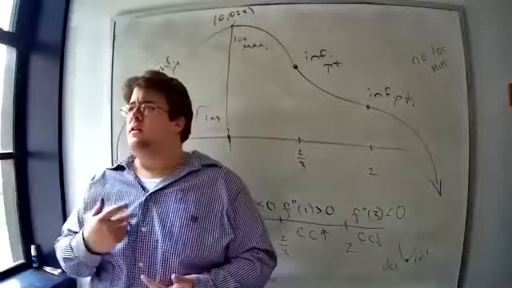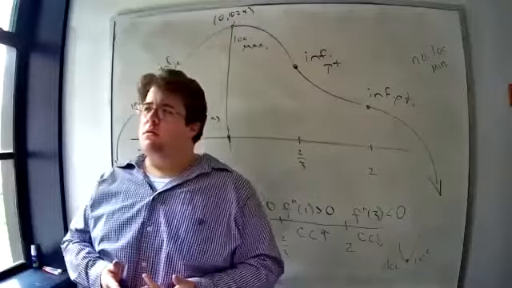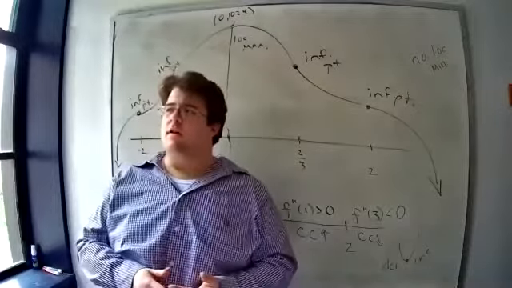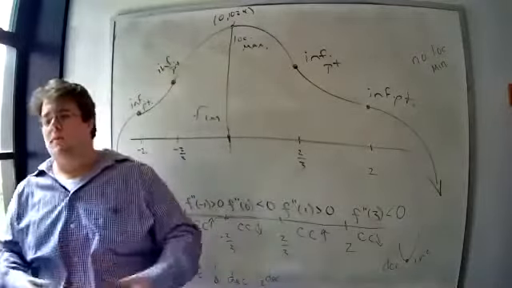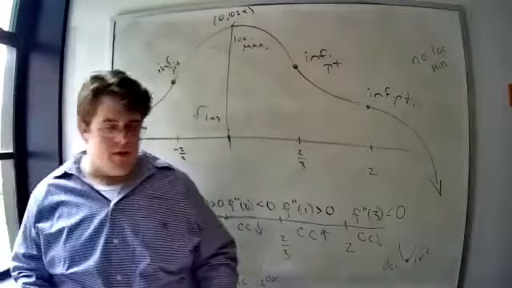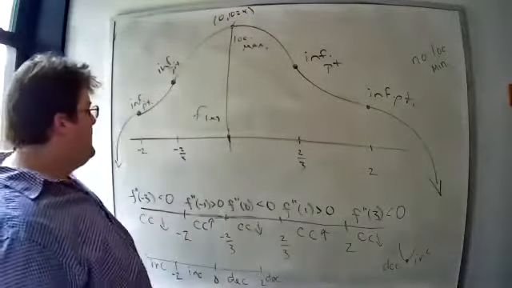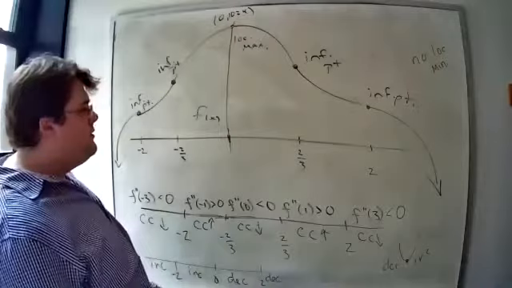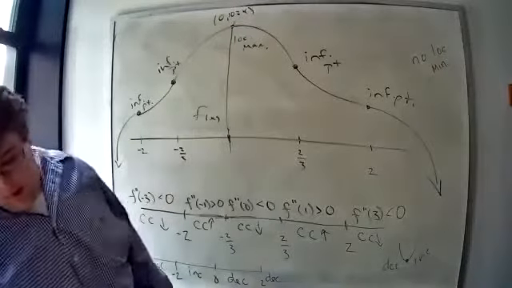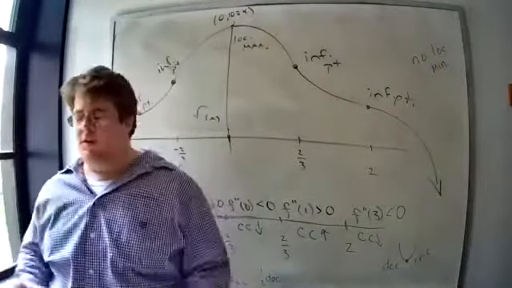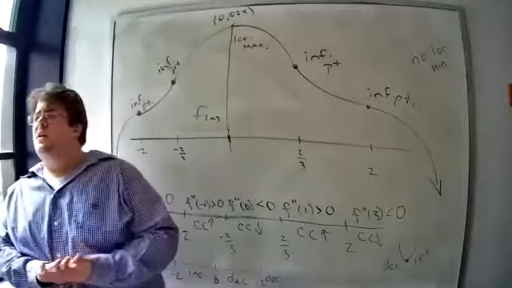Related rates, both approximations will probably show up, the linear approximation and the differentials. Extreme value theorem, graphing, I would expect one kind of like 3A for the graphing, and for the extreme value theorem question.